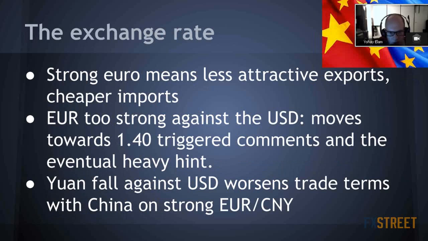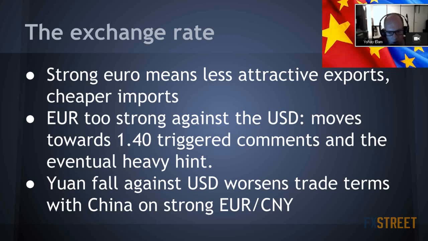So the exchange rate means a strong euro means less attractive exports, as I mentioned before, and cheaper imports, pushing inflation lower. 140 seemed to be the line in the sand in euro-dollar, but it's not only euro-dollar. The world's number 2 economy, China, is a major trade partner of Europe. So at the beginning of the year, the Chinese authorities let the local currency, the yuan, fall against the US dollar. This worsened the trade terms of the Eurozone with China.